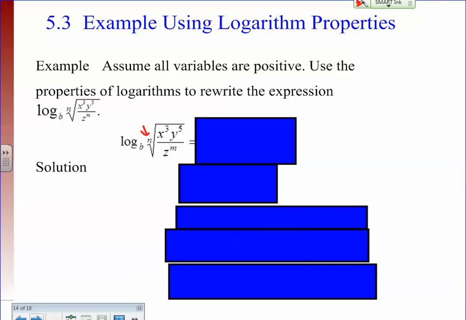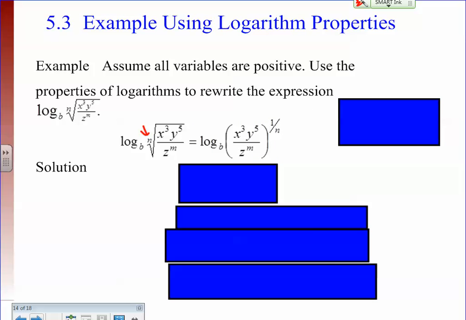Okay, so the first thing we want to do is try to change this root to look like an exponent. To do that, we would put parens around it and rewrite this as log base b of all that in parens, to the 1 over n power. Right? Because if we had a 3 here, we'd put 1/3. If we had a 4 here, it'd be the 4th root, or 2.